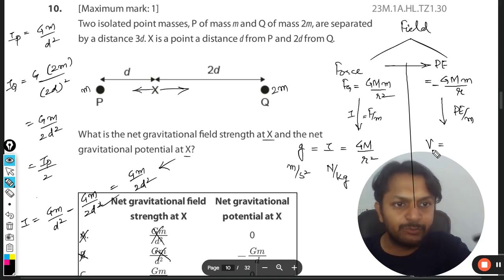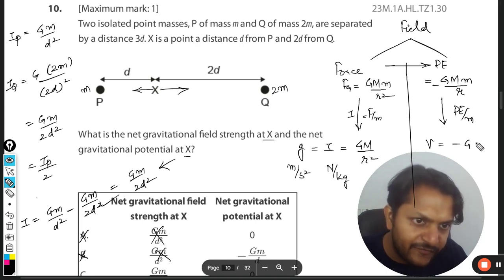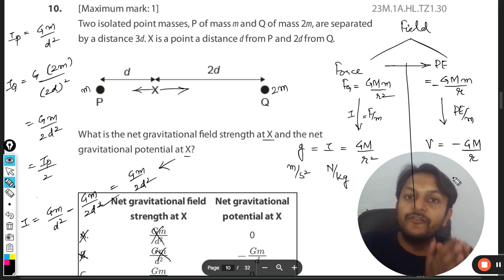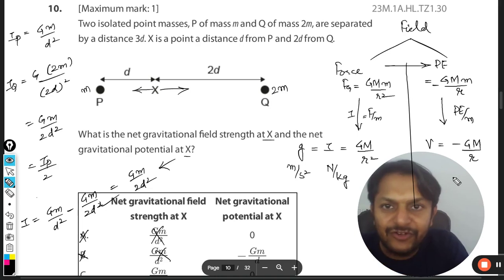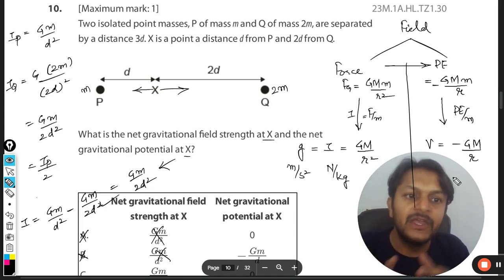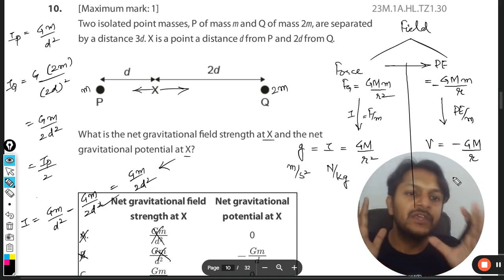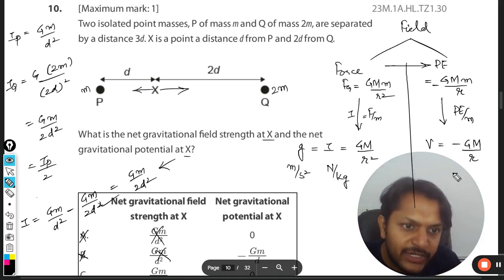That is defined as potential energy per unit mass, the formula for which is negative GM by r, where M is the mass of the central or source body, and r is the distance of the point from the center of the body. So this is the potential.